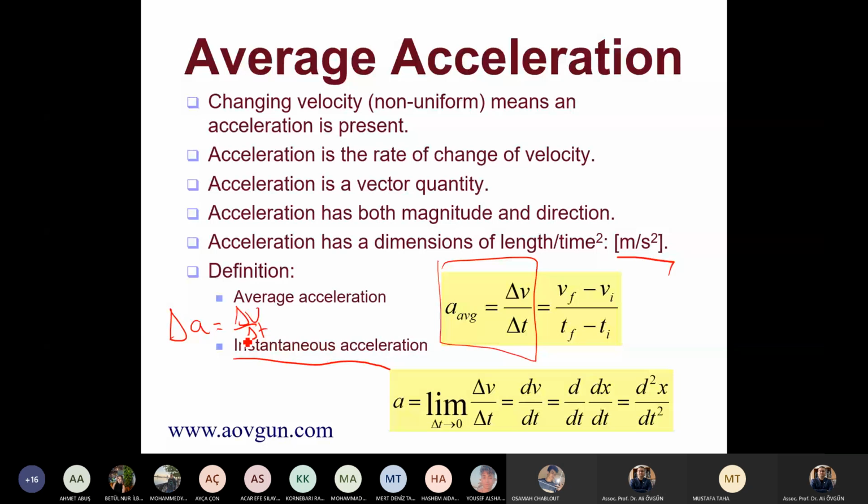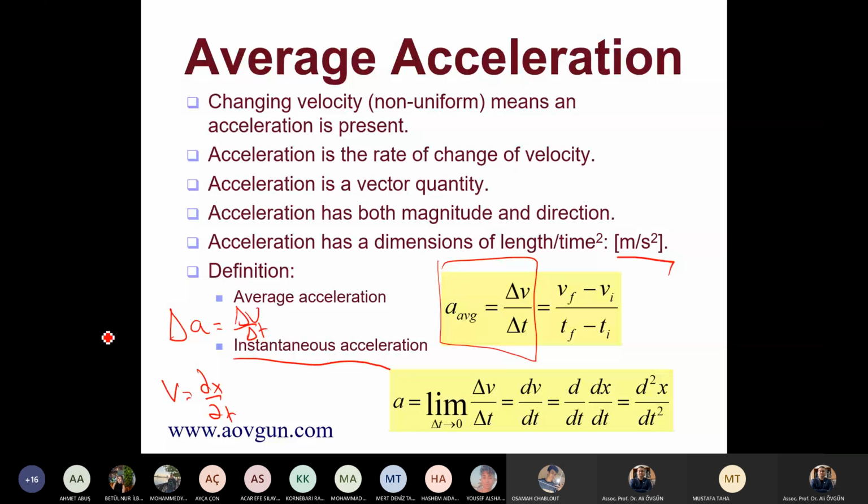Also there is an instantaneous acceleration. When you see instantaneous, you must take a derivative. How can you find the instantaneous acceleration? By using dv over dt. Also, if you have the instantaneous velocity, you can take the second derivative of the position vector to find the instantaneous acceleration, because you know that v is equal to dx over dt.